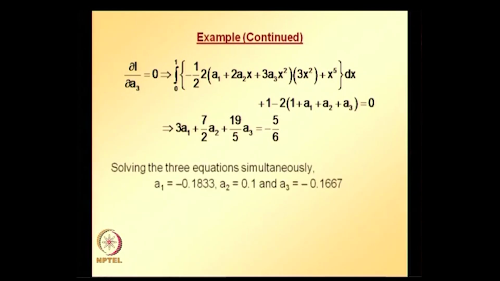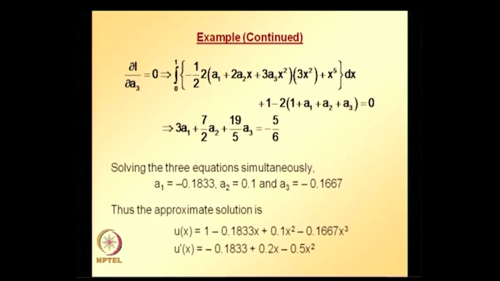Once we get the values of a1, a2, a3, you can go back to your admissible cubic trial solution and substitute those values in place of a1, a2 and a3, and then you get the approximate solution.